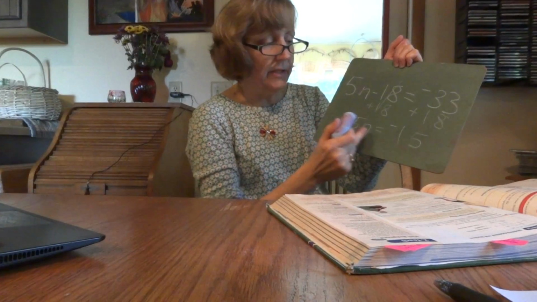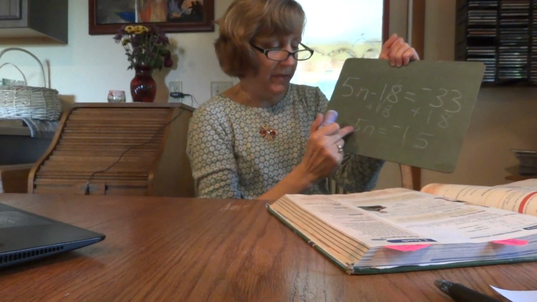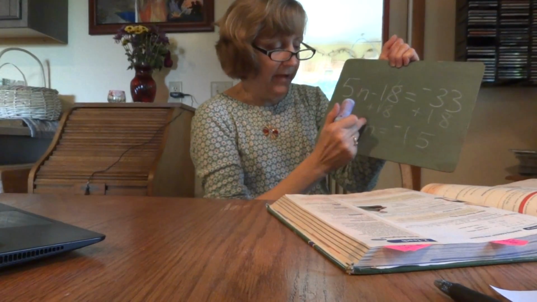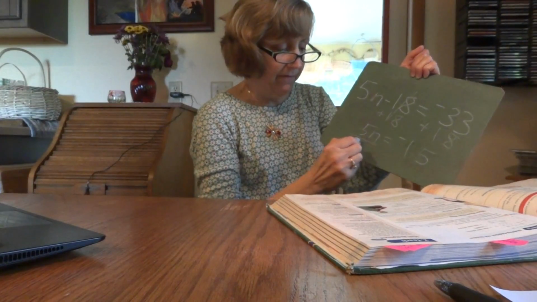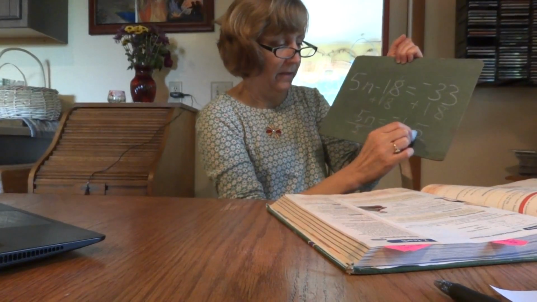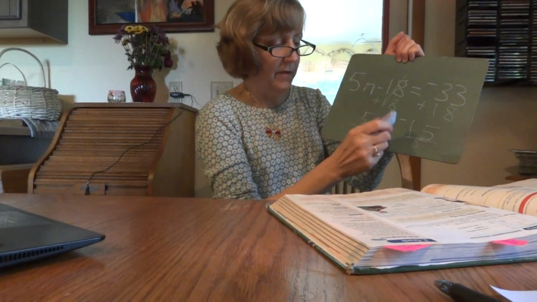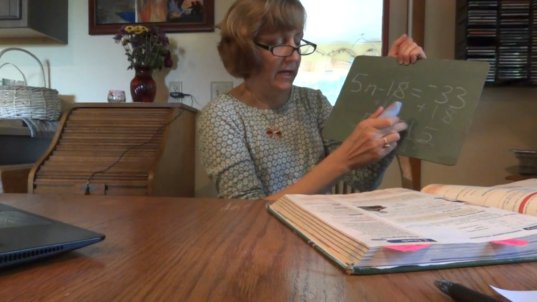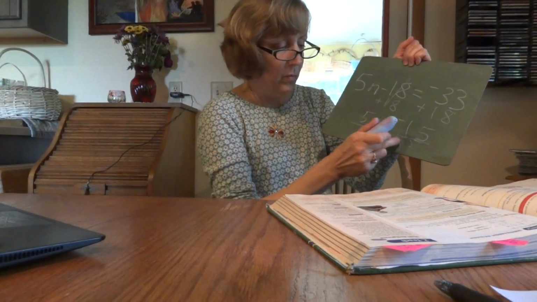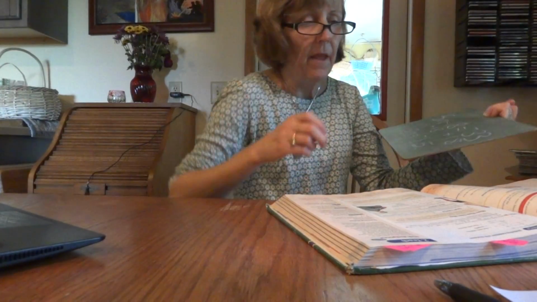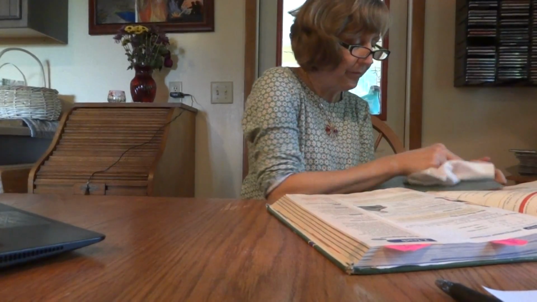Now you have to divide, because we have to undo this multiplication problem. We're leaving n by itself by dividing by 5 on both sides. So n equals negative 3, because negative 15 divided by positive 5 would be negative 3. All right, so that's the example.